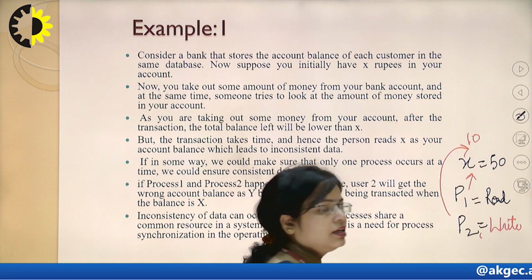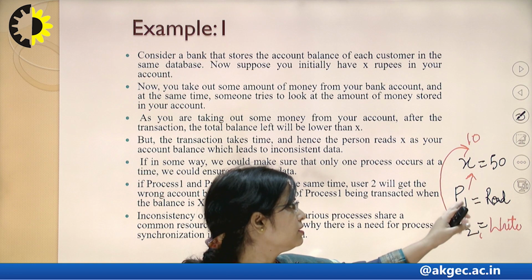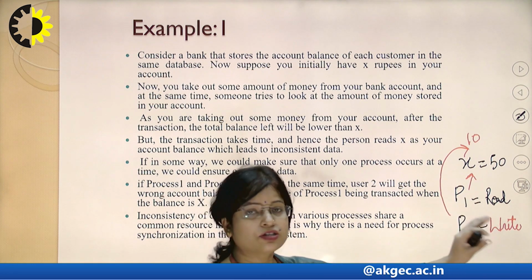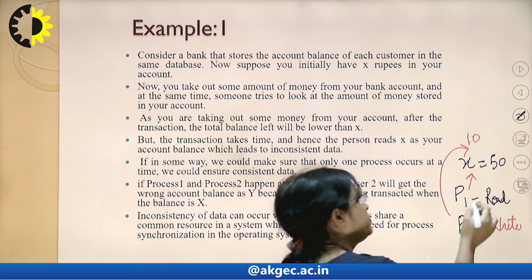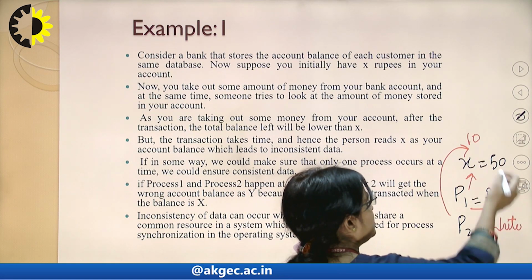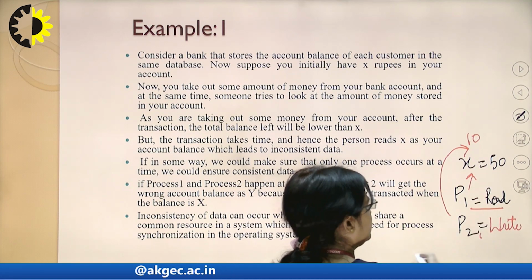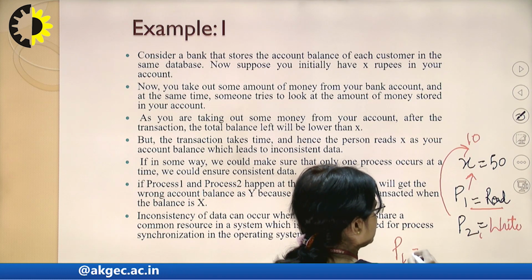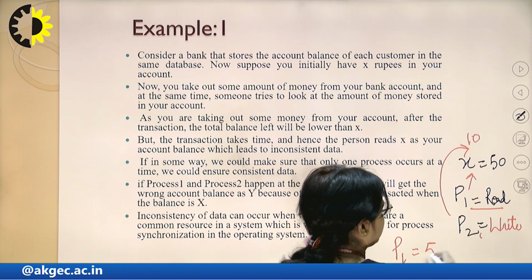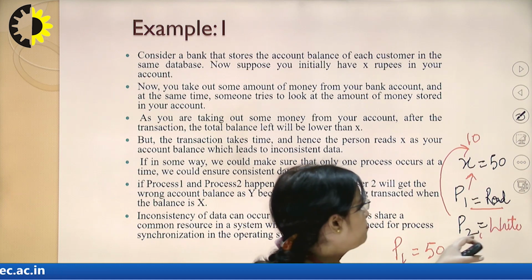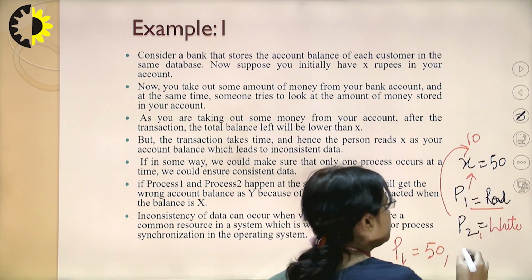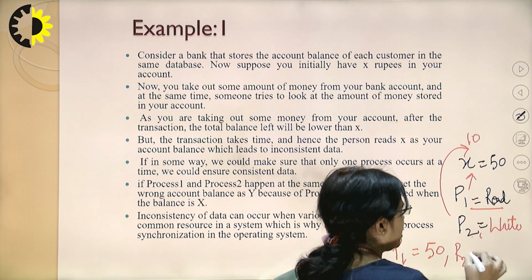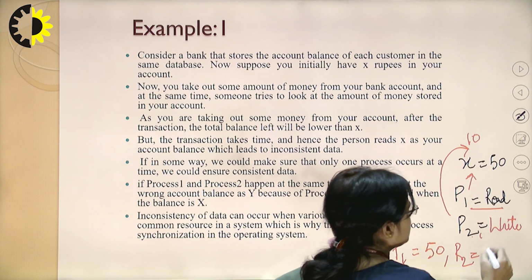So P1 process is unaware that someone is also updating the account balance. When P1 reads the account, the result it shows is 50, while P2 deposits 10 rupees to this account. So for P2 the account balance is showing 60 rupees.